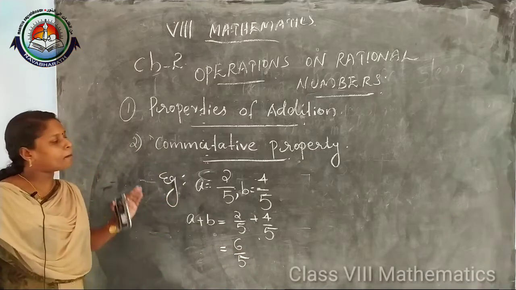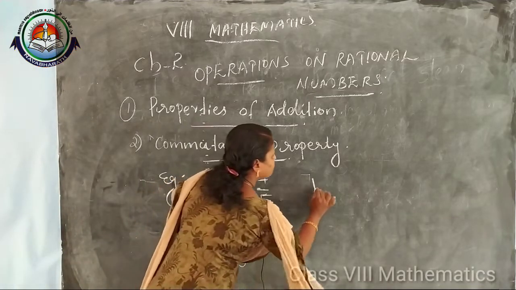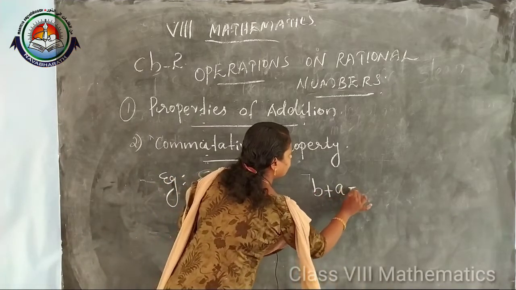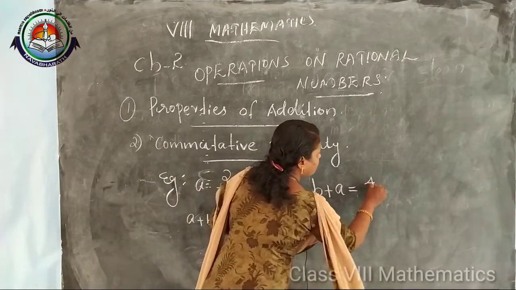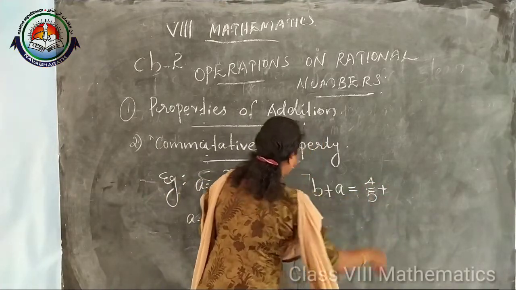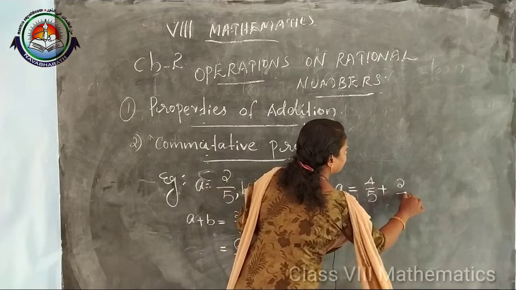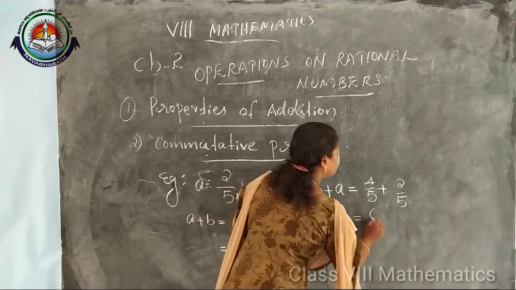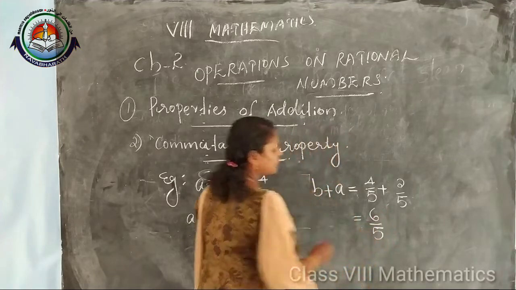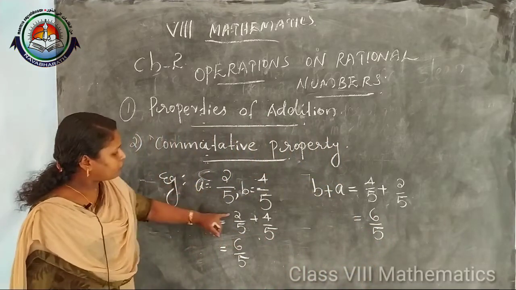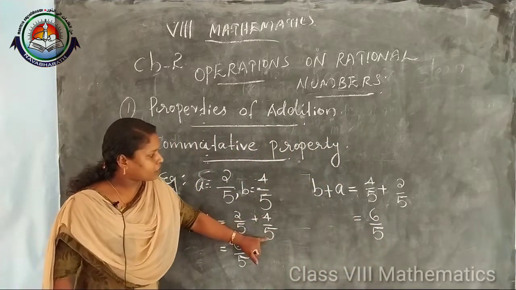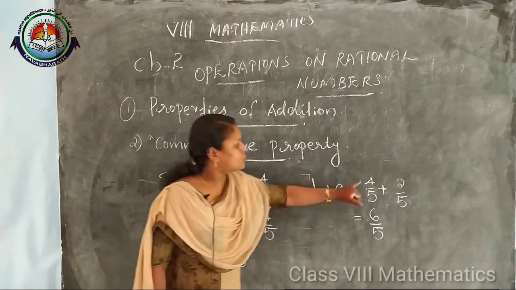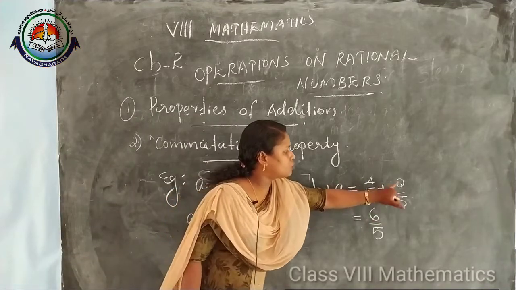Then we add B plus A: 4 by 5 plus 2 by 5, which is also equal to 6 by 5. So 2 by 5 plus 4 by 5 is equal to 4 by 5 plus 2 by 5.